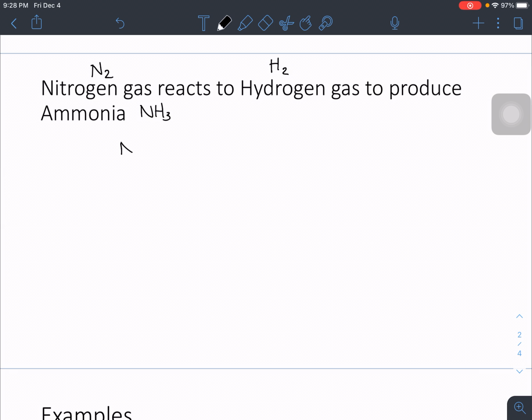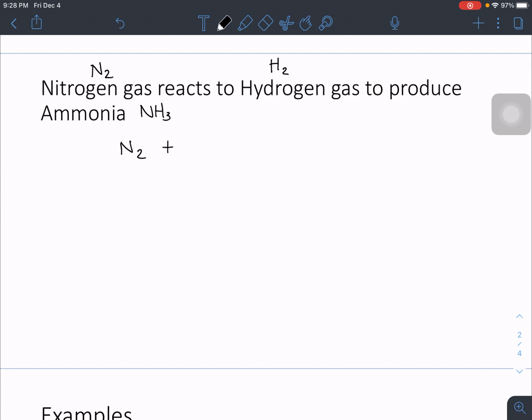So N2 reacts with hydrogen gas, meaning nitrogen gas and hydrogen gas are both reactants. So they should appear on the same side of the chemical equation. This will be the reactant side. So this will be N2 separated by a plus sign, which denotes the reactants.